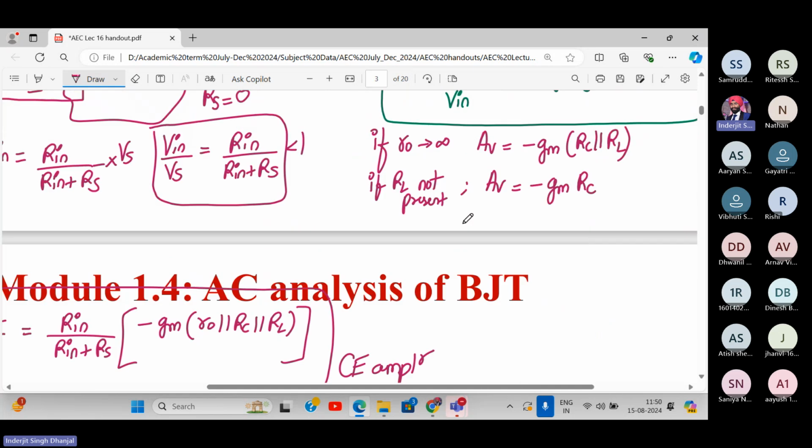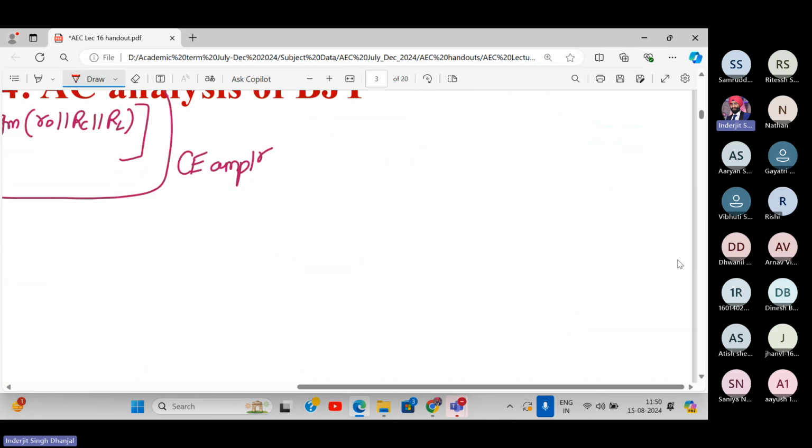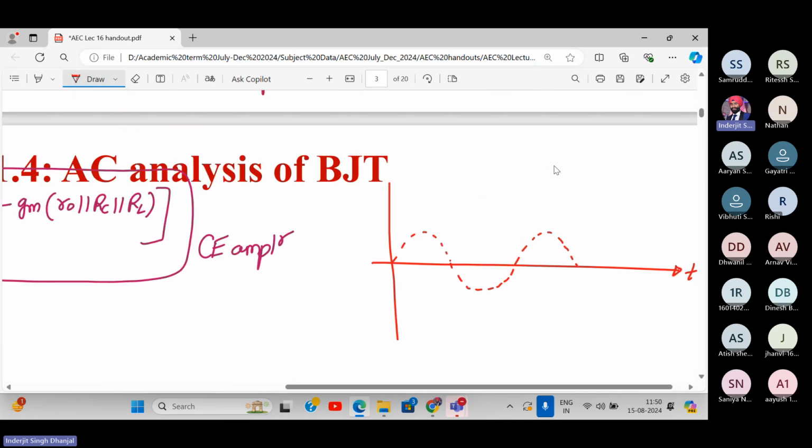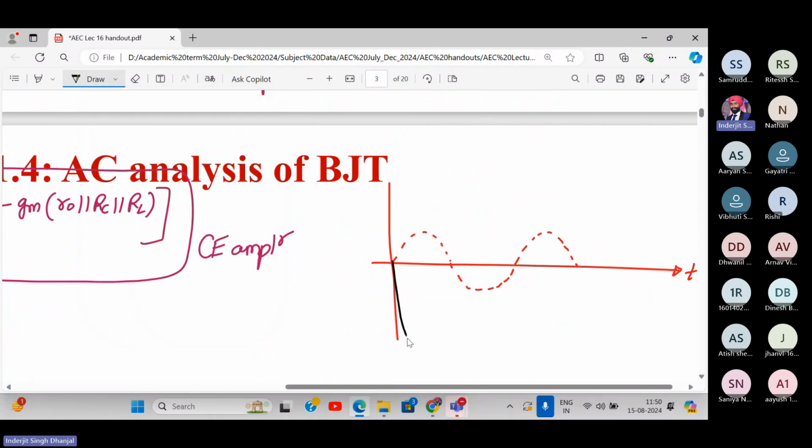And what does the negative sign indicate? Anyone? Inversion. Yes. The negative sign indicates that input and output are 180 degrees out of phase. If someone tells you to plot the graph, how will you plot it? You first draw the input versus time. Let's say this is my input, so my output will be out of phase and with a higher amplitude, like this.